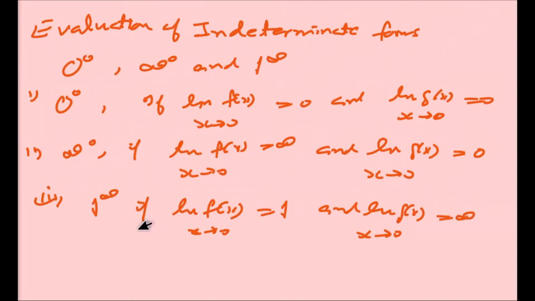If we assume this, which is very important, let a equal to limit of f(x) to the power g(x), x tends towards 0. Okay, then we can take the log both sides, log of a.